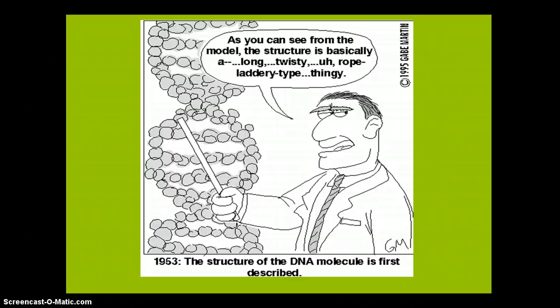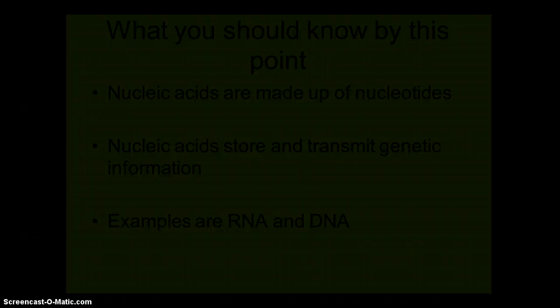As you can see from the model, the structure is basically a long, twisty rope laddery type thingy. The double helix is just two strands of DNA, twisted and turned, and it does this through hydrogen bonding, which we've already talked about up to this point.